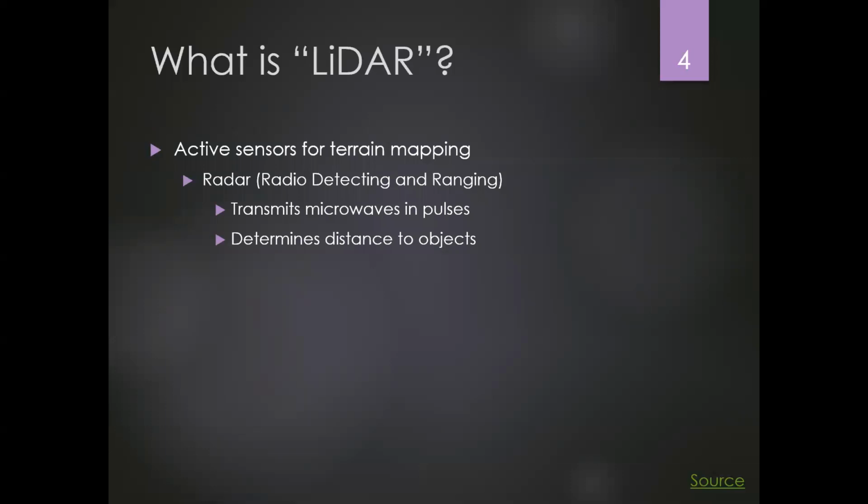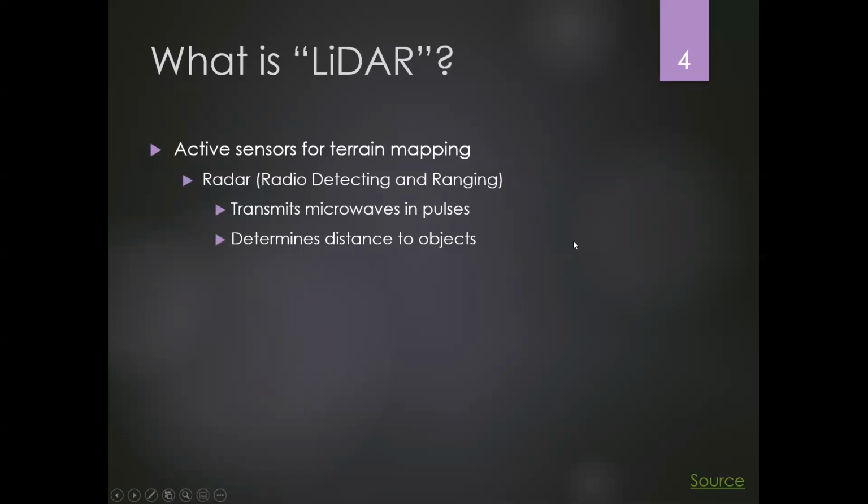For active remote sensing, there is another technology called radar. Radar is called radio detecting and ranging. LiDAR is light detecting and ranging. What's the difference between light and radio? We'll talk about that later. Radar transmits microwaves in pulses.